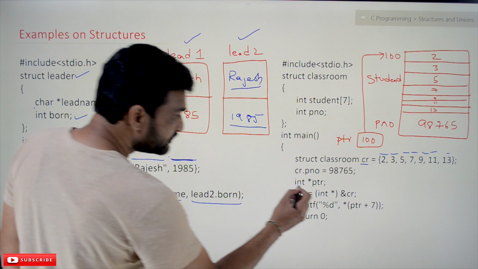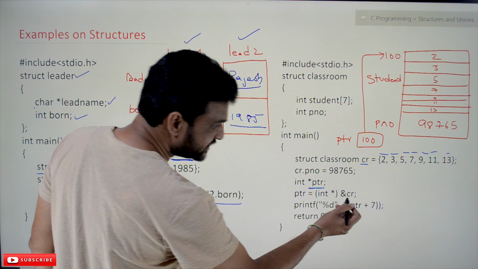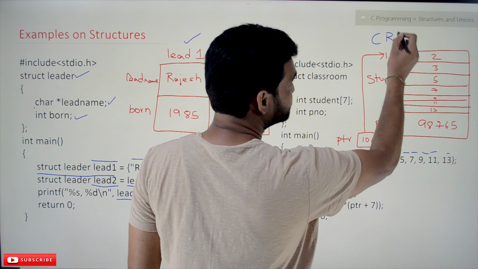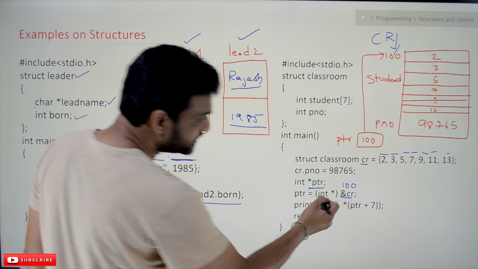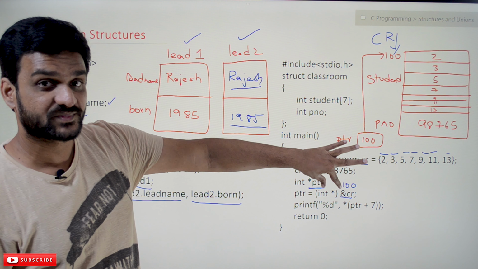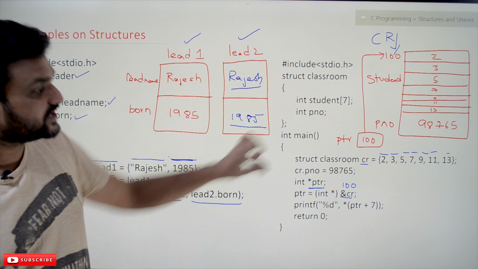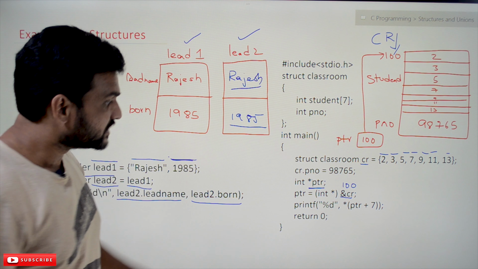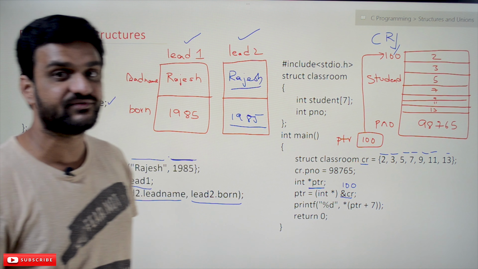And here we have created a pointer. This pointer is assigned the address of CR, which is 100, and we are typecasting it to integer type, and that value will get assigned to PTR, meaning PTR is pointing to this location. Now see here, printf %d star PTR plus 7.